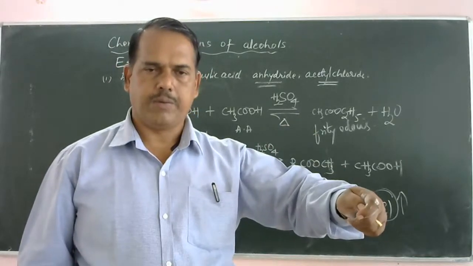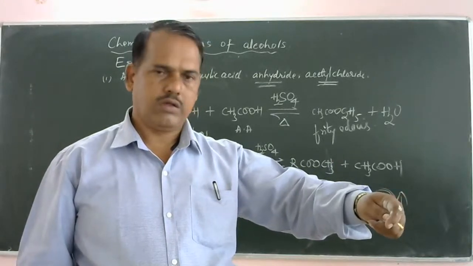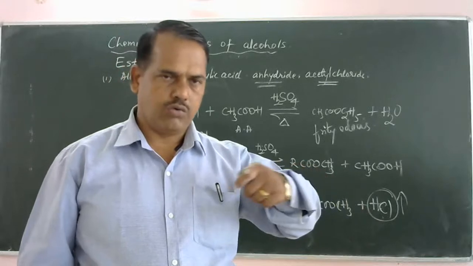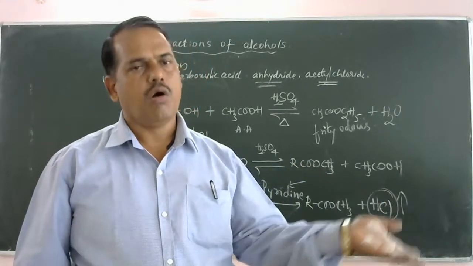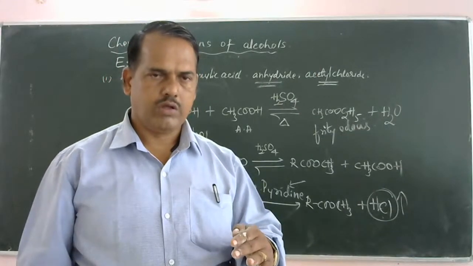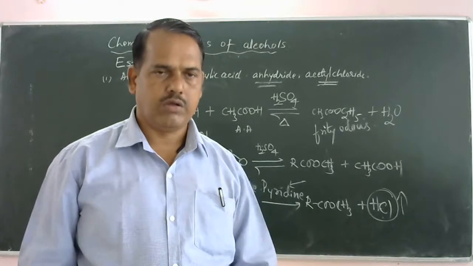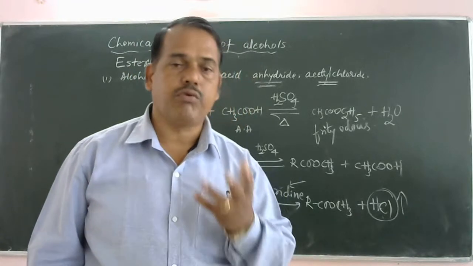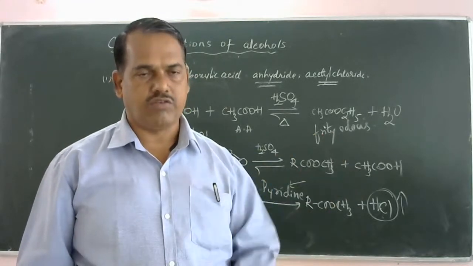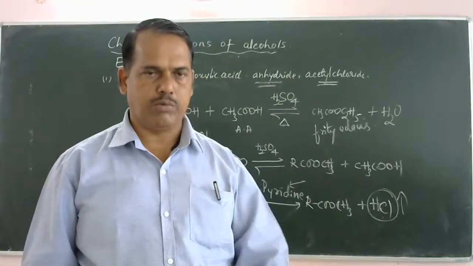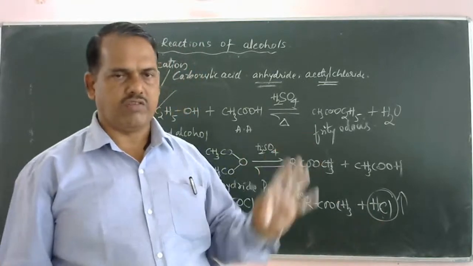Just heat slowly, and we can get the odor. You can also pour the whole solution in a beaker which contains sodium carbonate, and you will get a fruity smell. So this particular reaction is called esterification reaction. It is there in your syllabus and you can easily perform it in the laboratory.